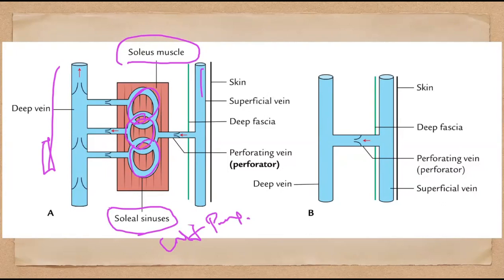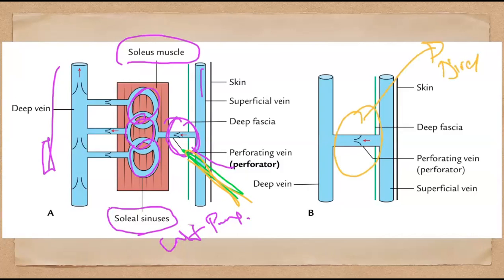You see, this one is a perforator vein, this one is a perforator vein, whereas this perforator vein is a direct one. Here it is an indirect one, because these superficial and deep veins are connected by perforators that empty into the sinus.